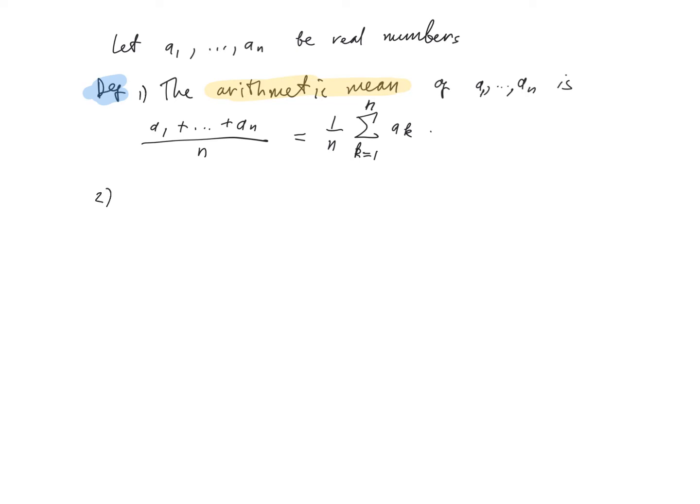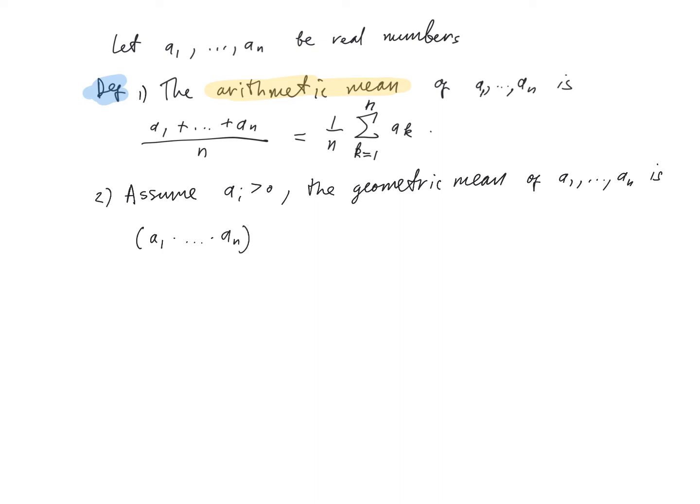Analogously, if we assume that each ai is positive, we can define the geometric mean of a1 through an to be the product a1 times a2 times etc. times an taken to the power 1 over n.